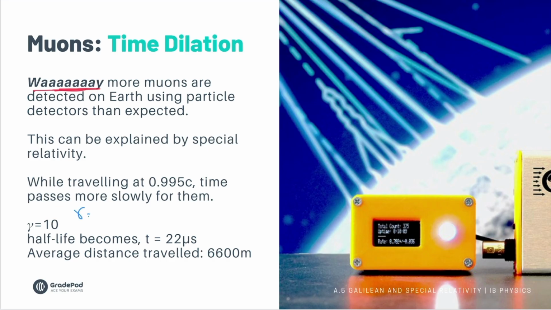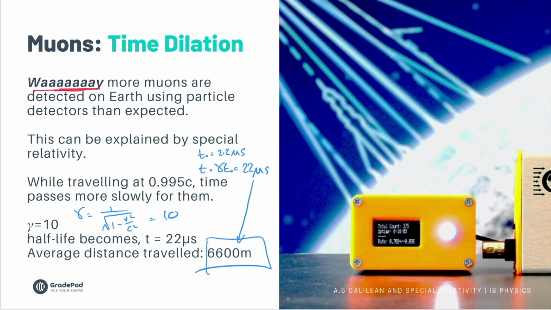If you calculate the Lorentz factor for speeds of 0.995 of the speed of light, that gives you a Lorentz factor of 10. So in proper time, if their half-life is 2.2 microseconds, then their dilated time is going to be 22 microseconds. Oh, but in 22 microseconds, you can travel a lot further.